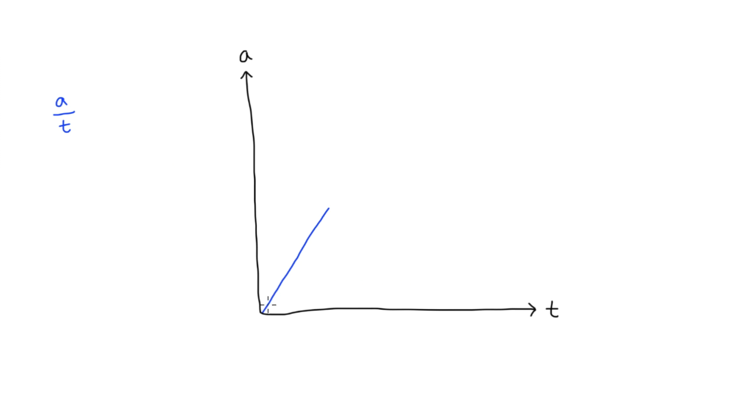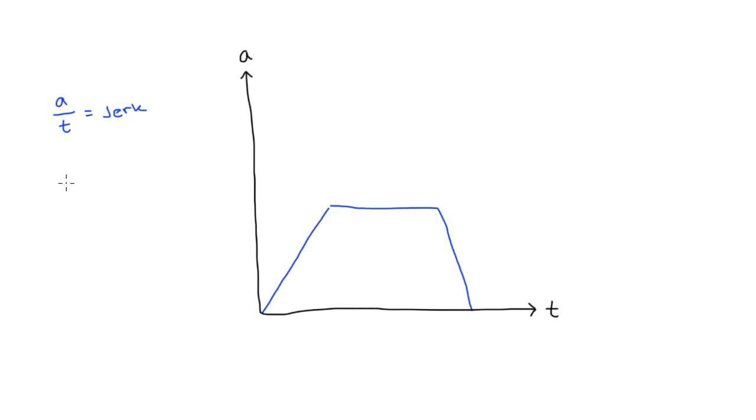So let's say the acceleration is increasing over time, then it levels out again, and then it decreases. Let's just put a little note. That's jerk.